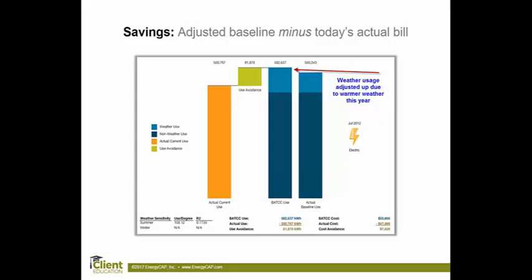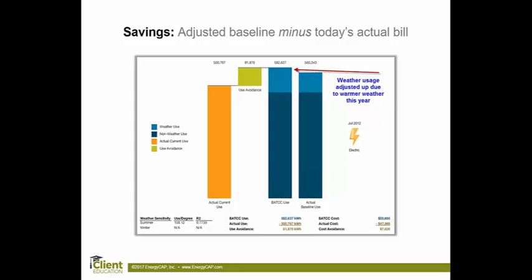Maybe today's weather was better, maybe it was worse. In this example, today's weather was more severe. And because the weather was more severe, it was warmer in July, the baseline was adjusted up a little bit, and that created the BATC. The baseline adjusted to current conditions of a warm month.